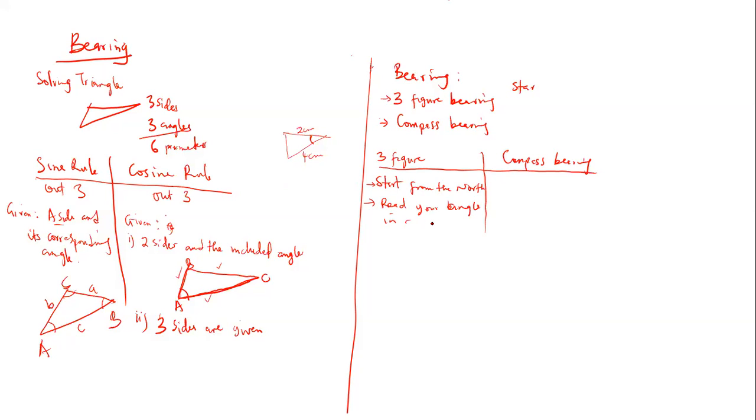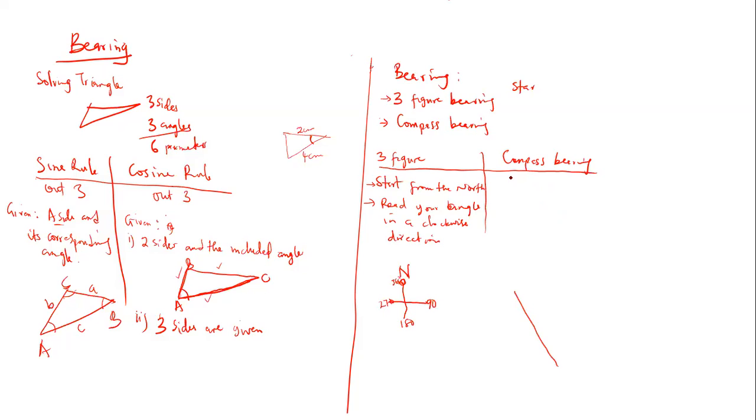What do you mean by clockwise? The way our clock works. Meaning that if you have a point here, we start our north here, you now read in such a way that this one will be 0 up to 90, up to 180, up to 270, and up to 360 degrees. So that is how we read our bearing there.